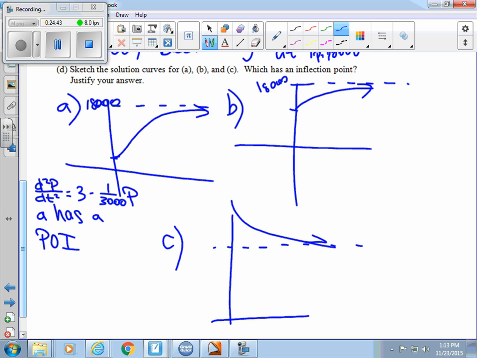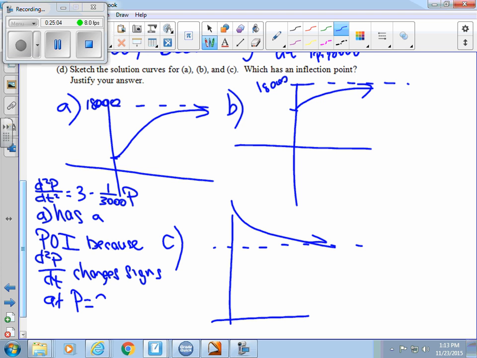So A has a point of inflection because the second derivative changes signs at P equals, what did we say, 9,000? And so the other two don't have P equals 9,000 on the graph, so we wouldn't have any sign change.